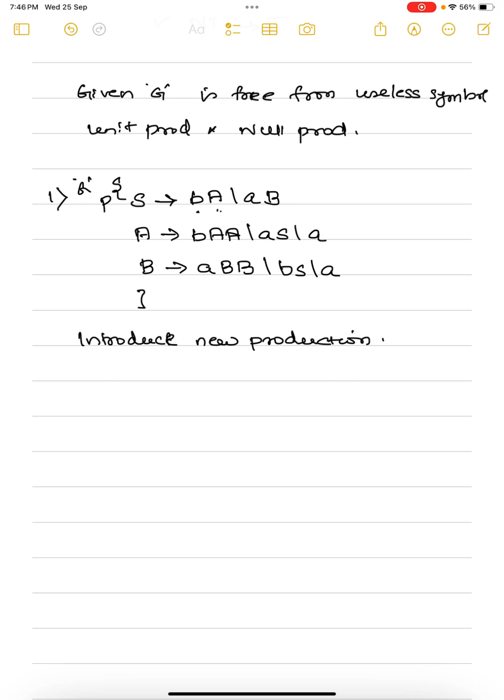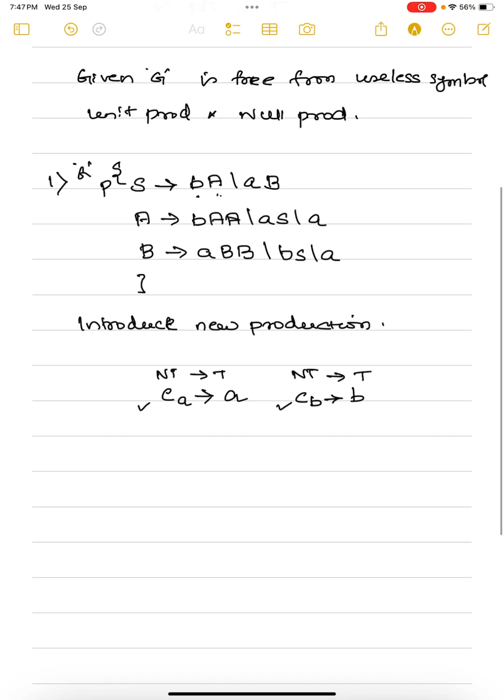So I'm going to introduce new productions C_a tending to a and C_b tending to b. By introducing these two, these are allowable, because each is a non-terminal tending to a terminal. So I am introducing these two new productions.